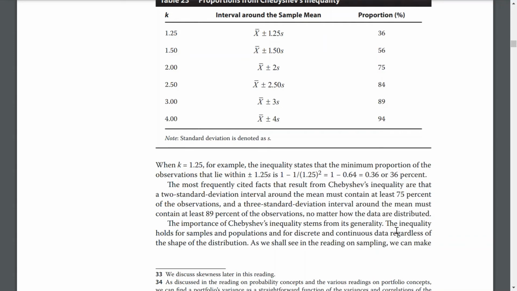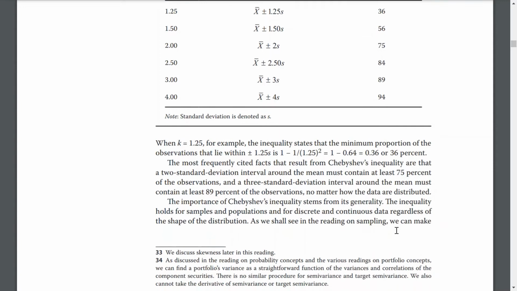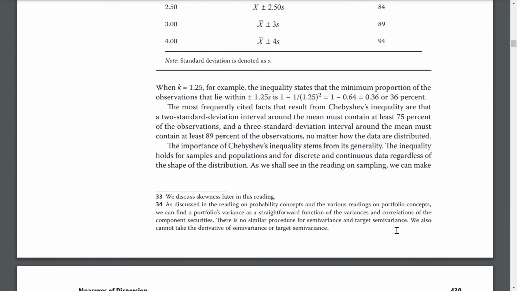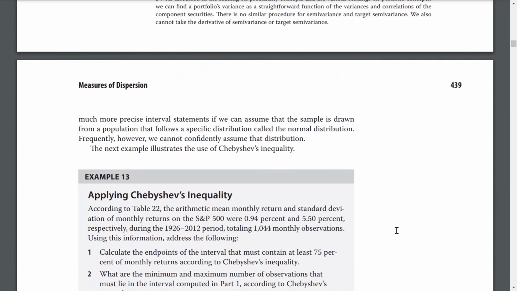The inequality holds for samples and populations, and for discrete and continuous data, regardless of the shape of the distribution. As we shall see in the readings on sampling, we can make much more precise interval statements if we can assume that the sample is drawn from a population that follows a specific distribution called the normal distribution. So I will see what this means later.